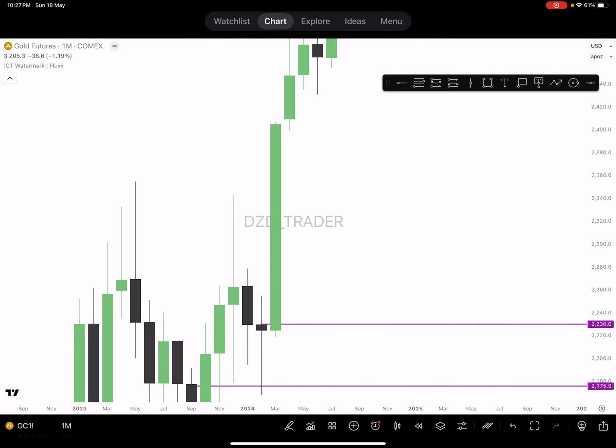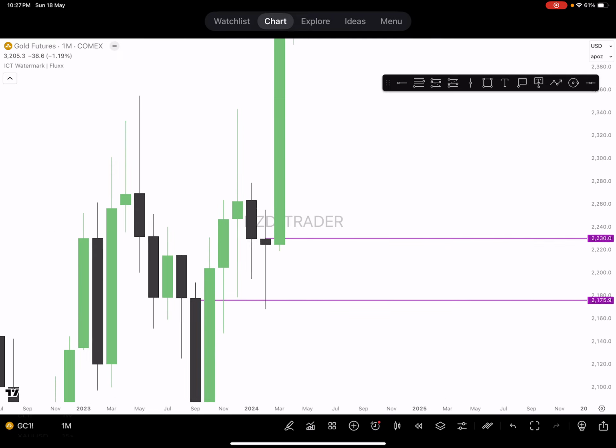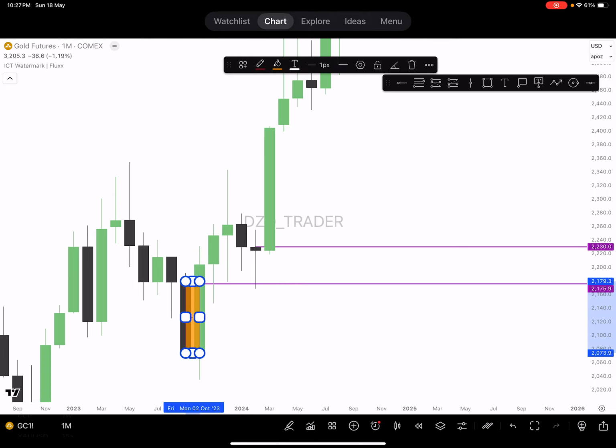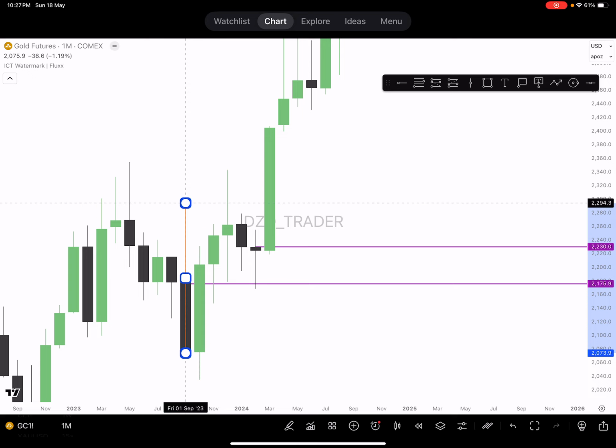Bullish trend is confirmed. We can see this huge candle, and what we do is take this candle, measure it, and take 2 to 3 times that candle. This is twice, this is 3 times.